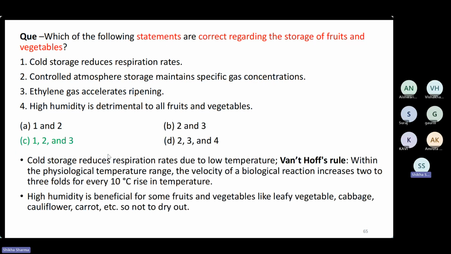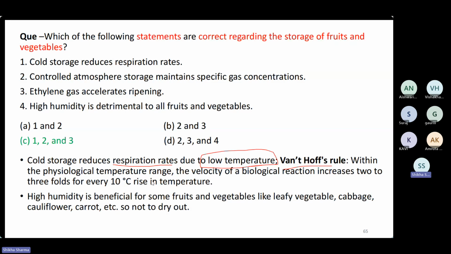C is the correct answer. Cold storage reduces respiration rate because the temperature there is low, and we know from the Van't Hoff rule that when there is a 10-degree increase in temperature, the biological reaction rates become 2 to 3 times.